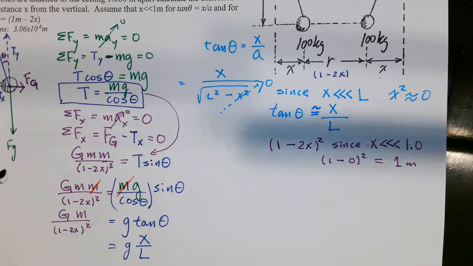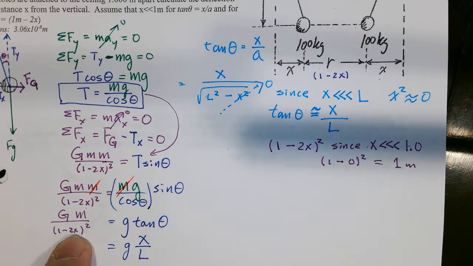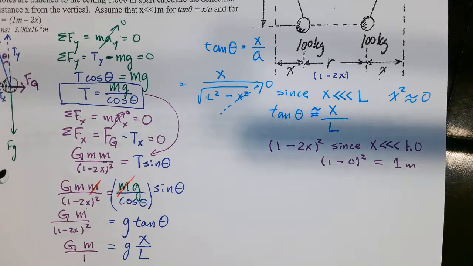When you square 1, you just get 1. So here we're going to say G times M over just 1.